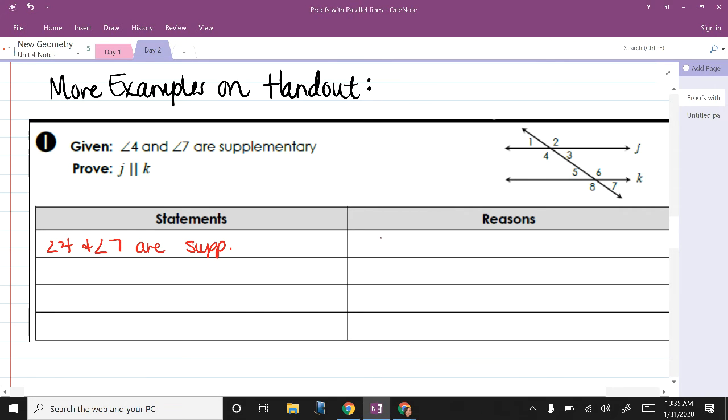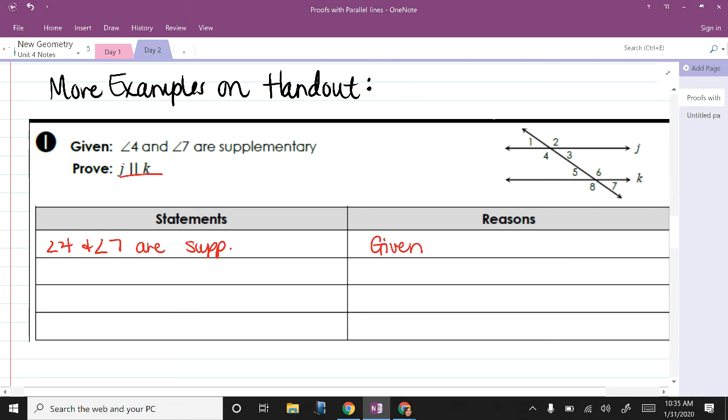Given. Again, I'm okay if you abbreviate, as long as you give me a few letters and I can tell what it is. Okay, so angle 4 and 7 are supplementary. Right? I'm trying to prove that J is parallel to K. So there we go. We know we're going to have to use a converse, right?